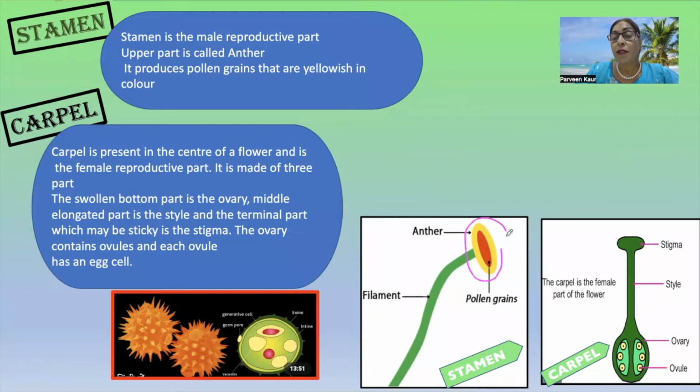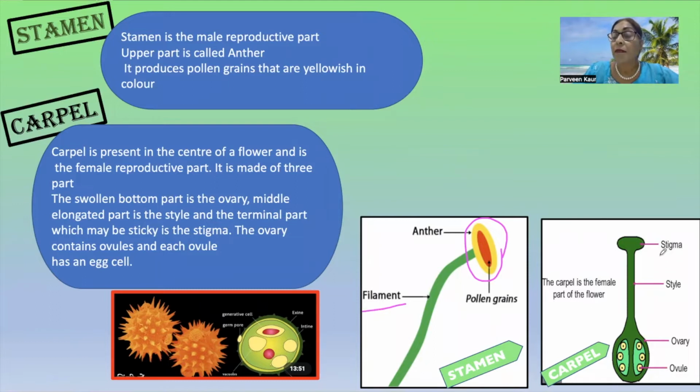Anther is a lobe structure which contains dust-like pollen grains which are yellowish in color, and this tubular structure is called filament. Now carpels. Carpels are the female reproductive part.